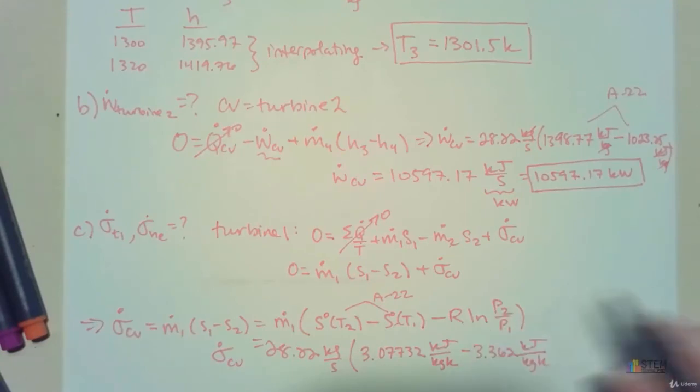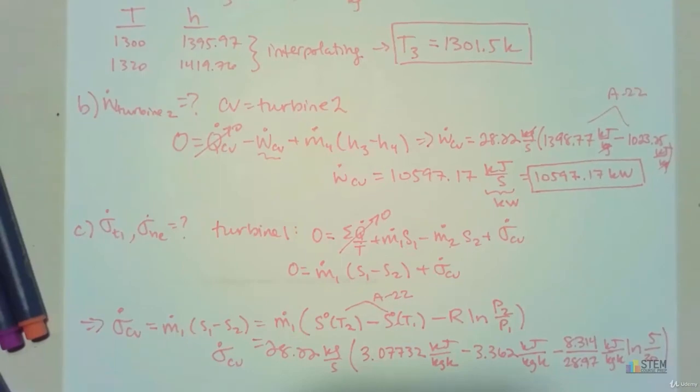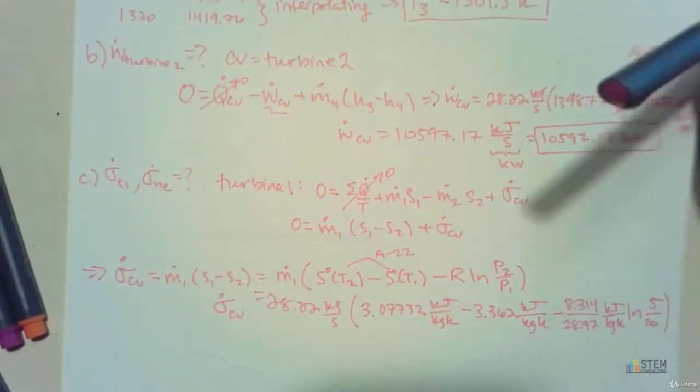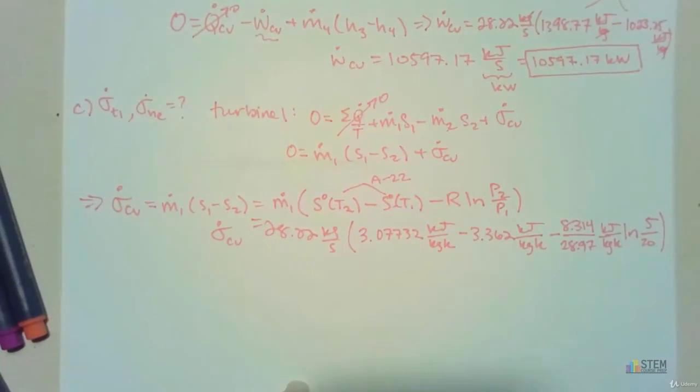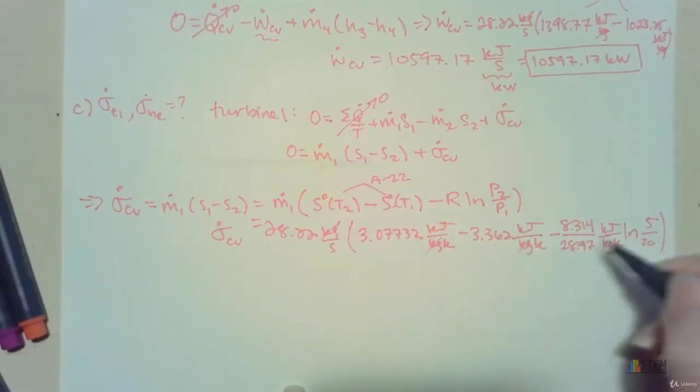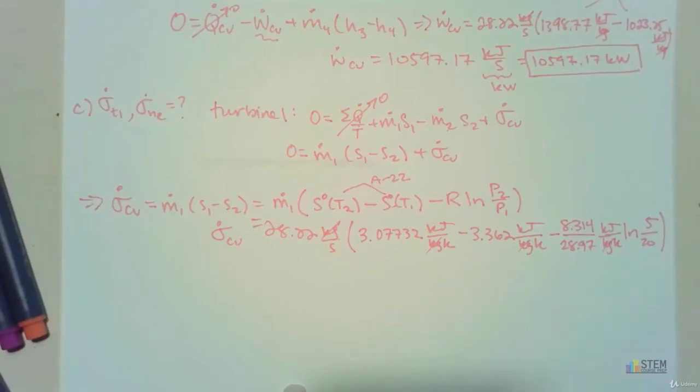Then we subtract R, which is 8.31 over 28.97. It's kilojoules per kilogram Kelvin also, times the natural log of 5 over 20. Alright, so we're almost done with this part. Now you just have to go through and solve. Notice kilograms go away. So that'll go away, and there you go.